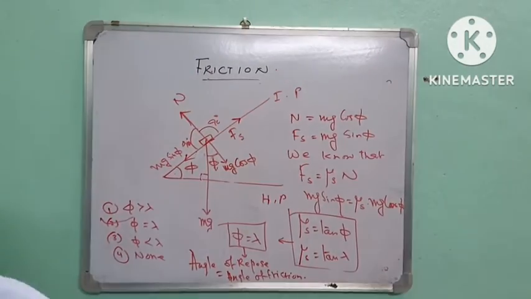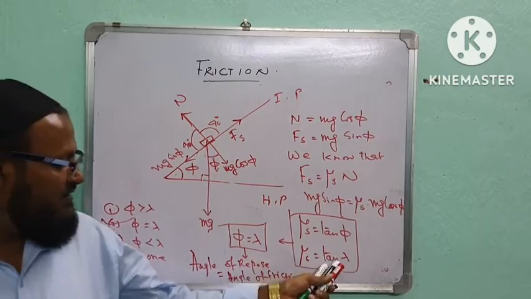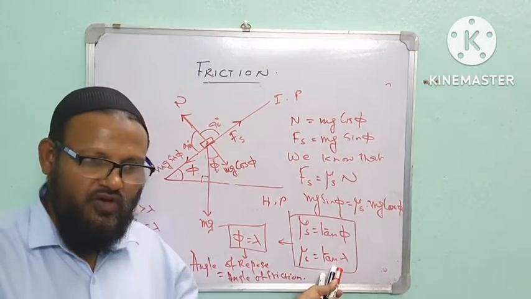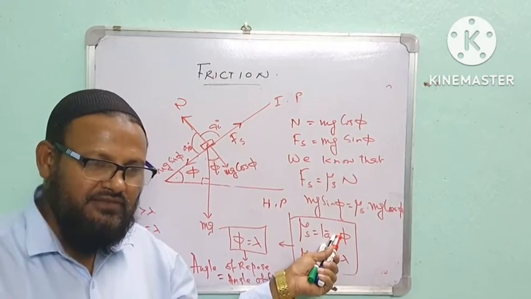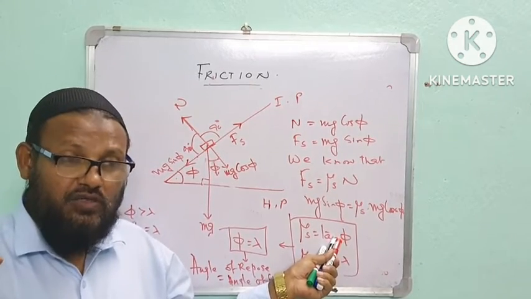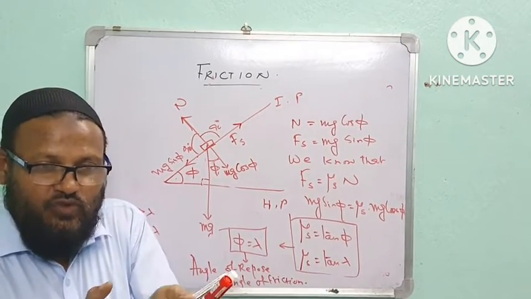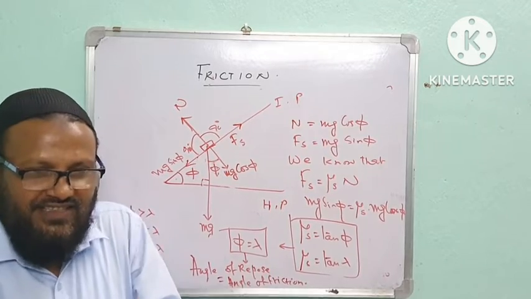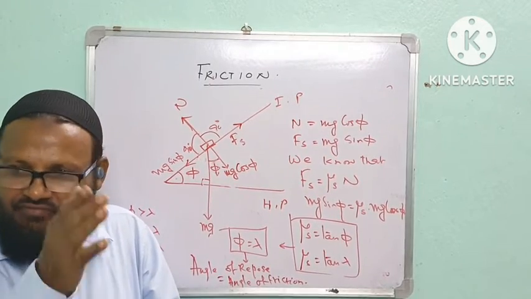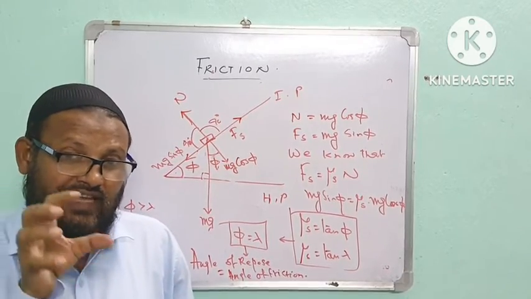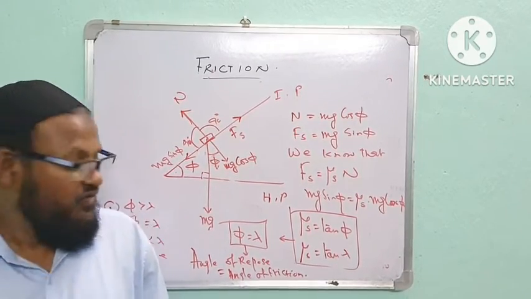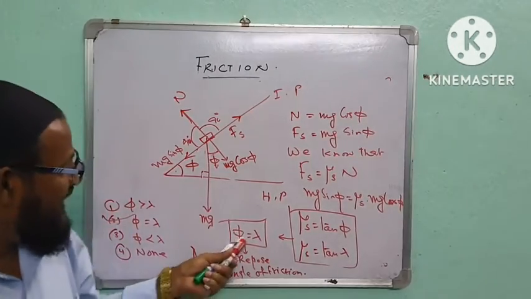It is proved from horizontal plane and from inclined plane. We have to draw two figures, horizontal plane and inclined plane. Now from the single figure, we have to prove phi equal to lambda.